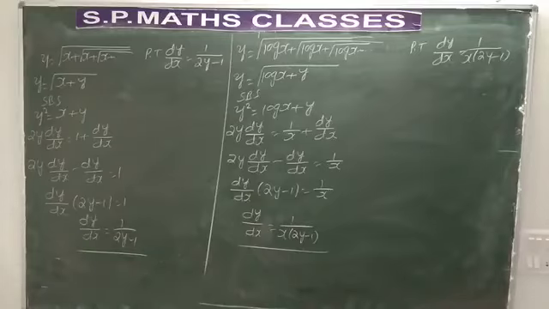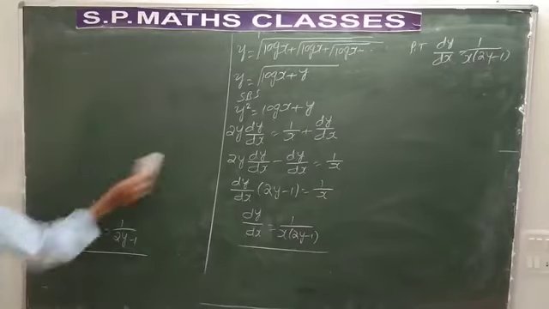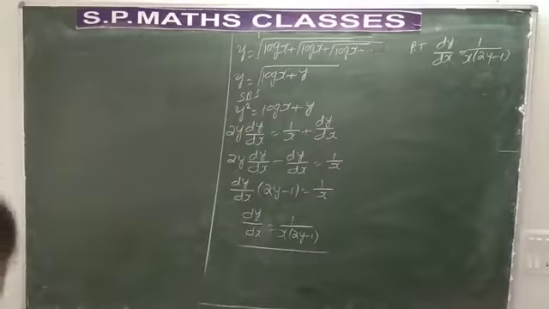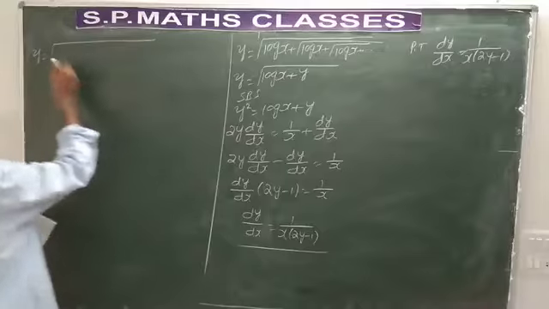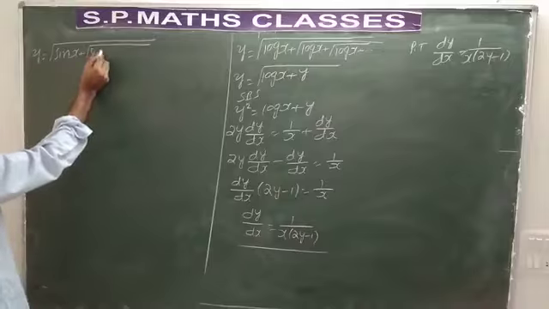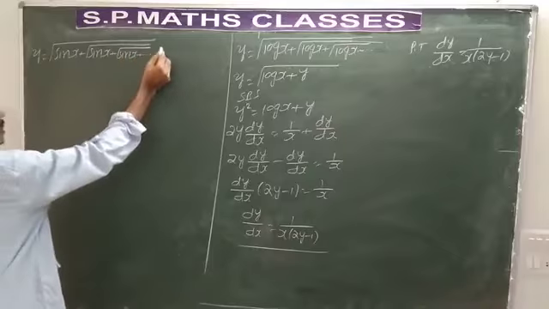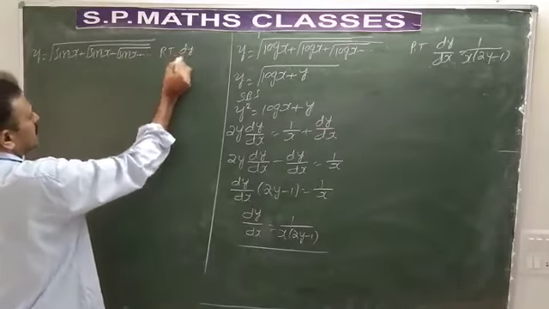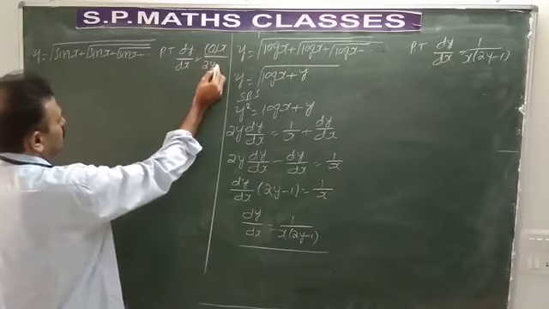Let us consider one more problem. Given y is equal to root of sin x plus root of sin x plus root of sin x, etc. Then prove that dy by dx is equal to cos x divided by 2y minus 1.